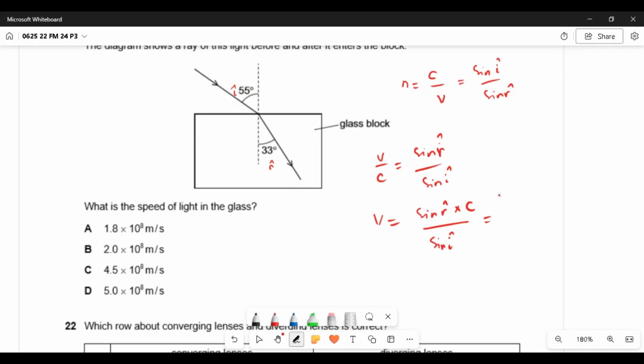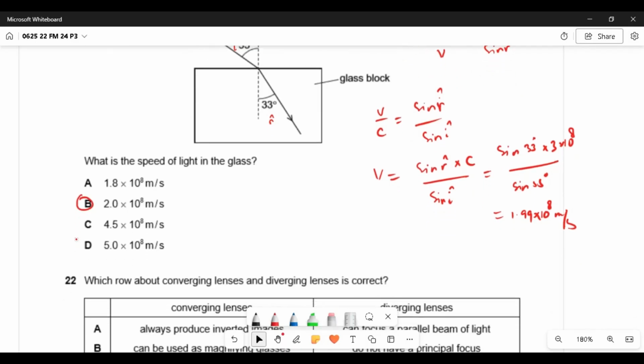By substituting the values, sine of 33 degrees times 3 times 10 to the power 8 meters per second over sine of 55 degrees, and it's about 1.99 times 10 to the power 8 meters per second. That goes to 2 times 10 to the power 8 meters per second.